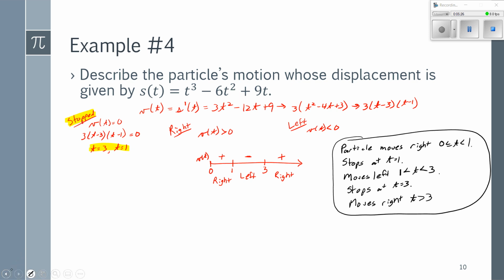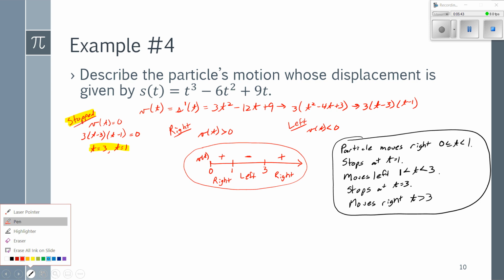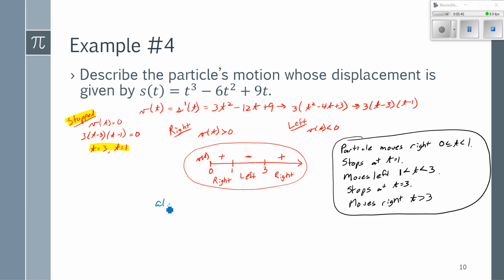But then I need to worry about speed up and slow down, which means I need to know where's my velocity positive and negative. Oh, what do you know? I already know where is my velocity positive and negative. But I also need to know where's my acceleration positive and negative. So for that, I need an equation for acceleration, which is the derivative of velocity.